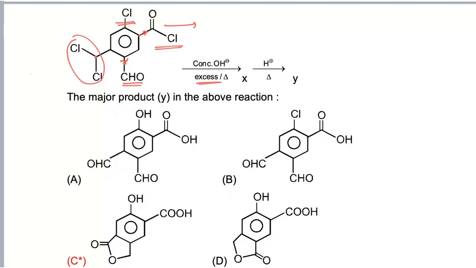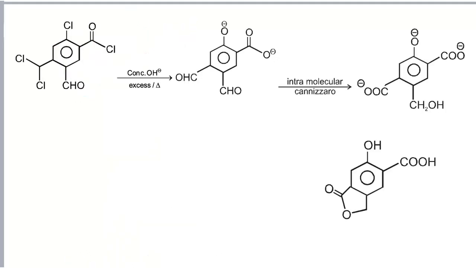So if we consider its mechanism, first the acid chloride will be converted to acid, the gem dihalide will be converted to aldehyde, and this Cl will be removed and converted to phenol. Under strongly basic medium, the acid will be converted to its salt, and the phenol will be converted to phenoxide ion.